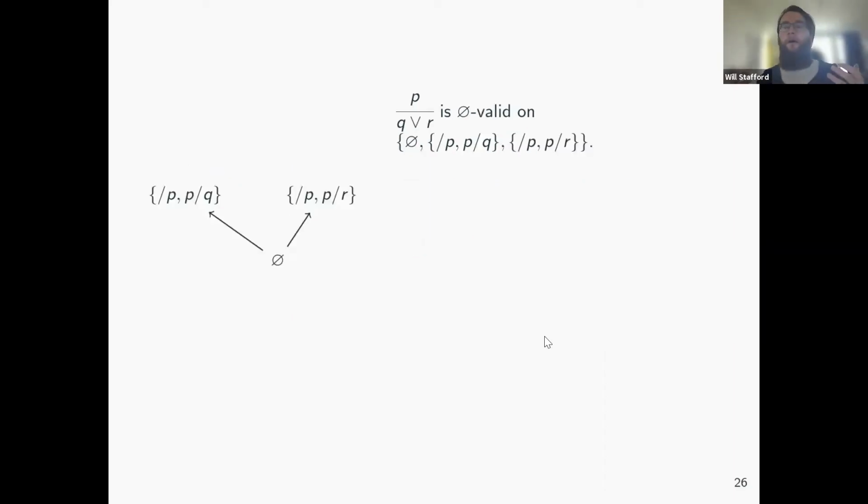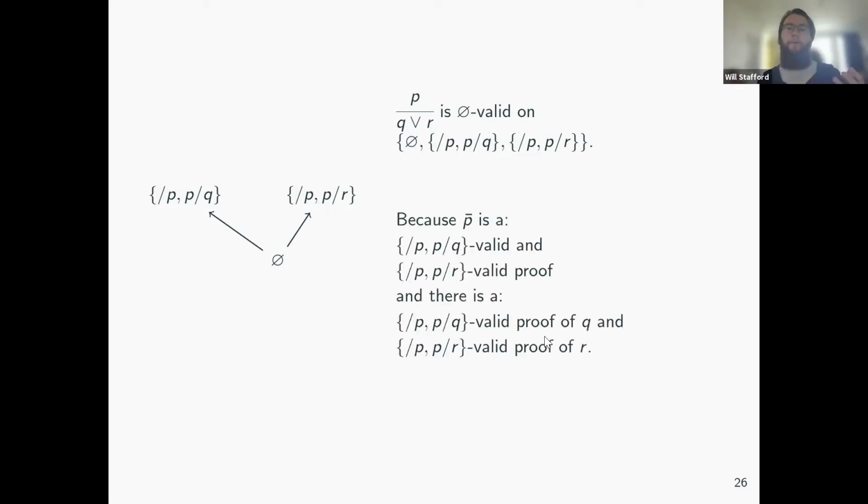Okay, so what about our other proof-theoretic system? Now we've lost that set that contains just the proof of P, and it turns out that's going to mean that this one-step inference is valid. Again, we do exactly the same thing. We can't find a proof of P in the empty set, so we go off to the places where we can find one, and now we find it in 2 places.